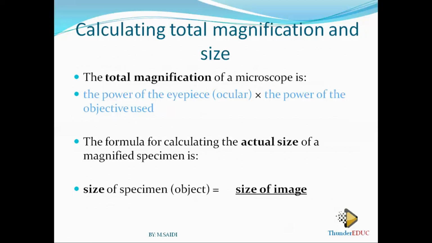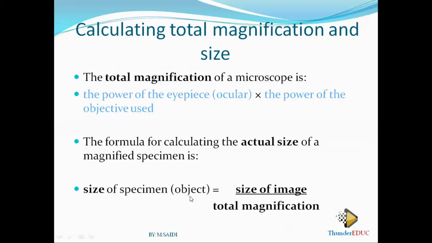We will see this in detail. They will give you a scale, then you can use your ruler and calculate the size of the image. Then divide by the total magnification. Total magnification is how you have calculated it here: the eyepiece power times the objective lens power. The size of the image, you calculate it from the paper, and then you get the actual size of the specimen.